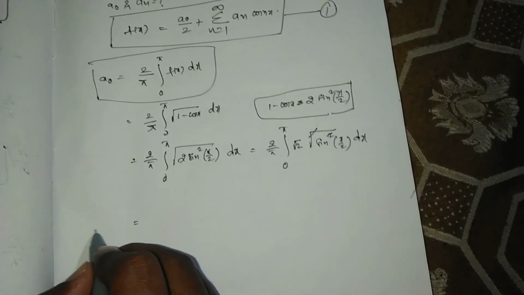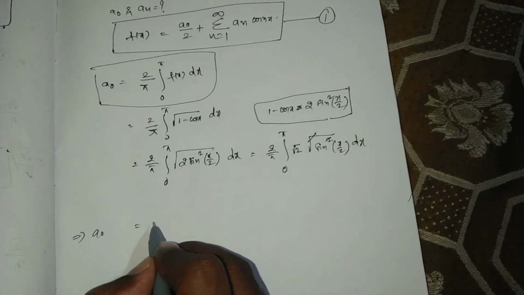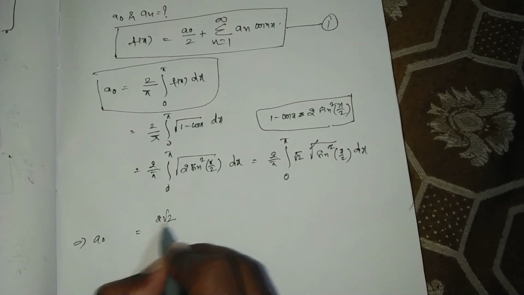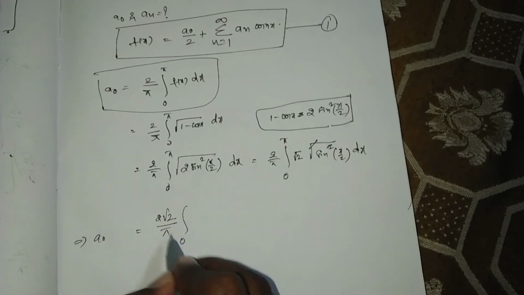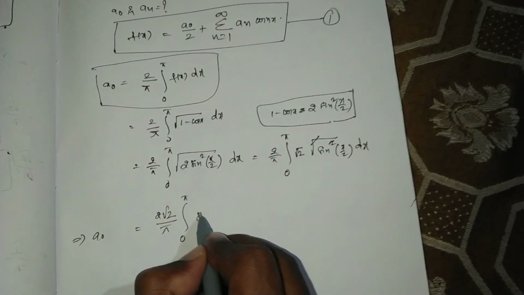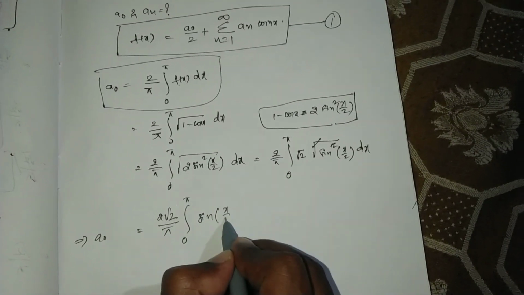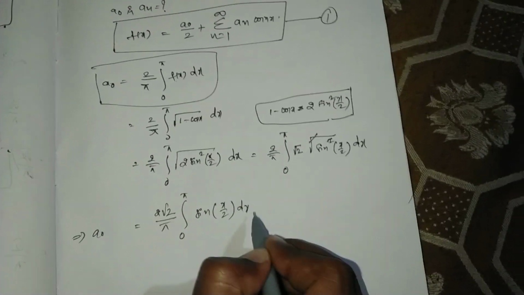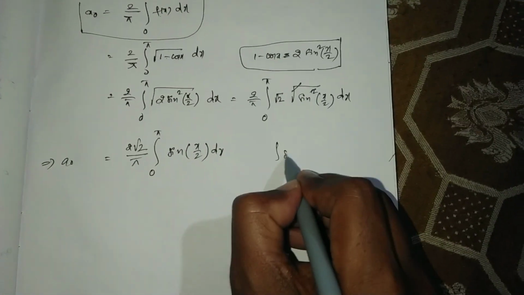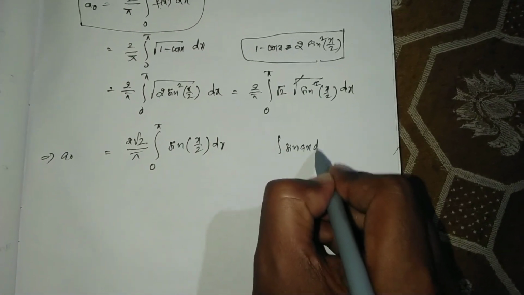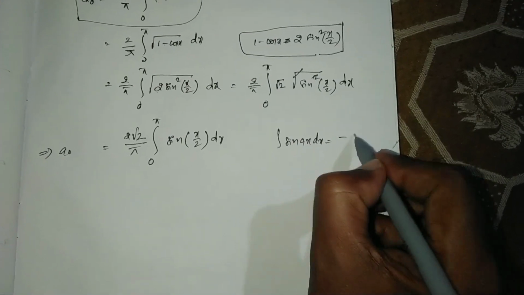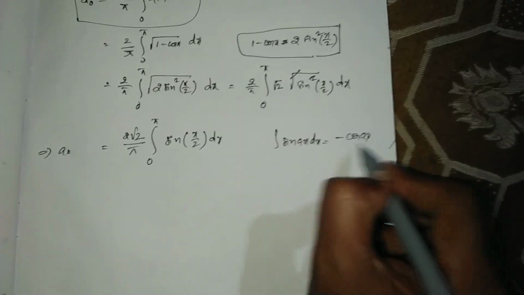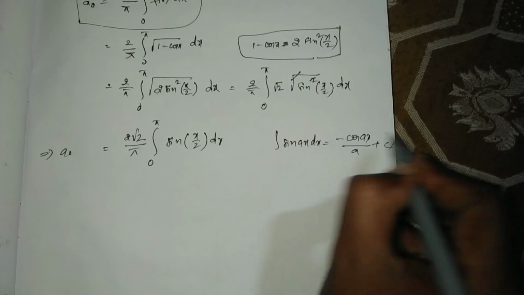That is a naught is equal to 2 root 2 by pi times integral 0 to pi sine of x by 2 dx. We know that integral of sine ax dx is equal to negative cos ax by a plus c.